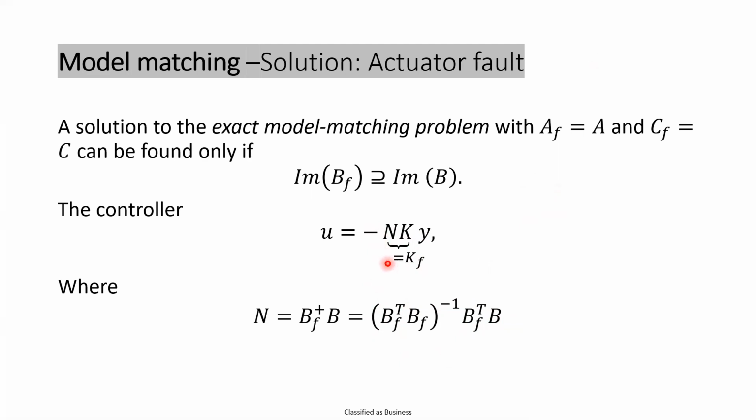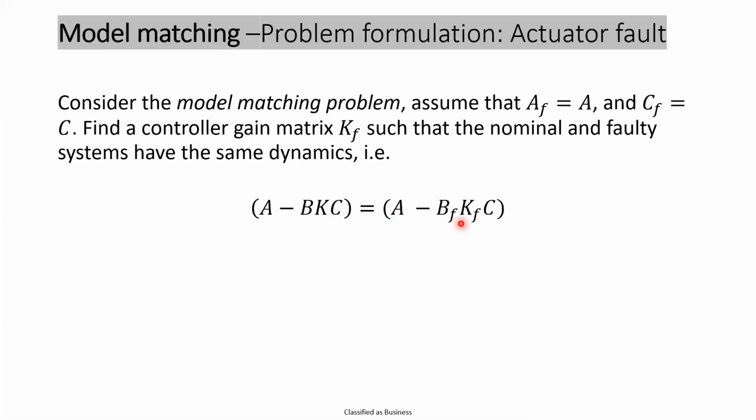It's very similar to what I said. If I want to summarize what we said about the model matching, we tried to have the exact model matching. And how to achieve that, we equated A minus BK to AF minus BFK in case we had a fault in the dynamics. And for the sensor and actuator fault, we used the output feedback, which means that A minus BKC was equal to A minus BFKFCF.